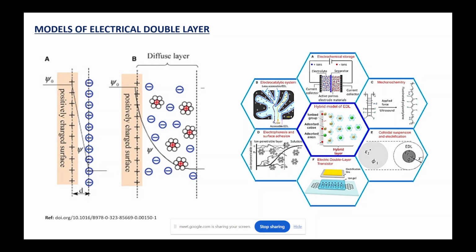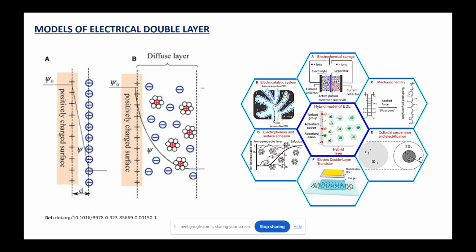But again, this comes with a particular limitation. When this model was proposed, it had a particular assumption: that all the charges are adsorbed onto the surface, and these charges that you see are rigid monolayer charges adsorbed onto the surface for maintaining electrical neutrality.